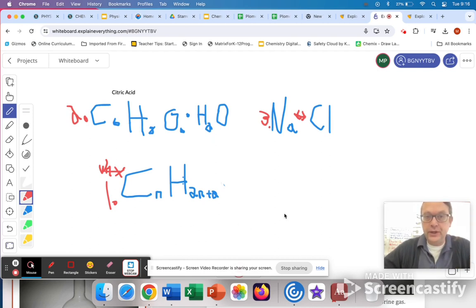Let's say each molecule of wax is like seven carbons. And they're bonded here.